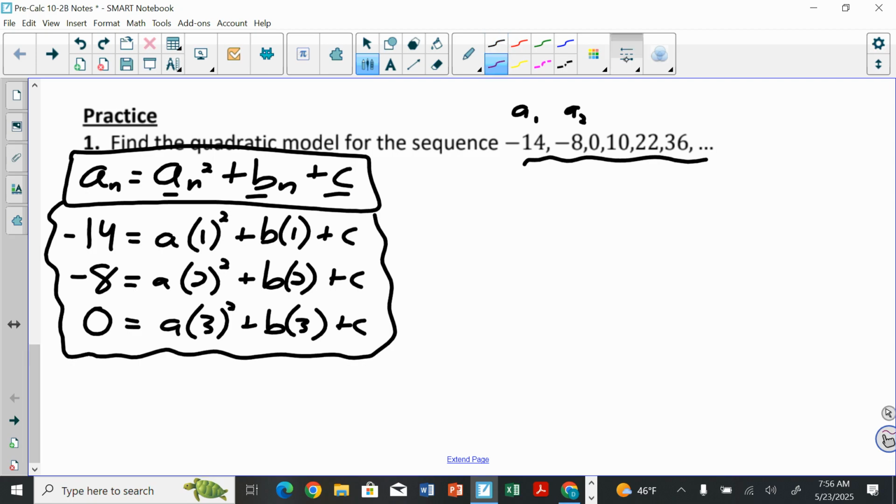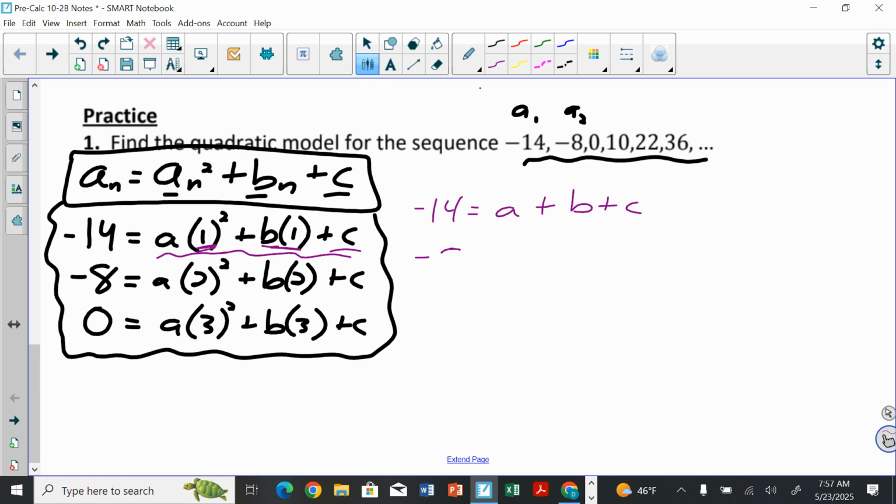So let's go ahead and simplify these equations, okay? If I simplify this one here, you're going to end up with -14 equals a plus b plus c, because 1 squared is 1 times a is a, and then b times 1 is b, and then c is left there.